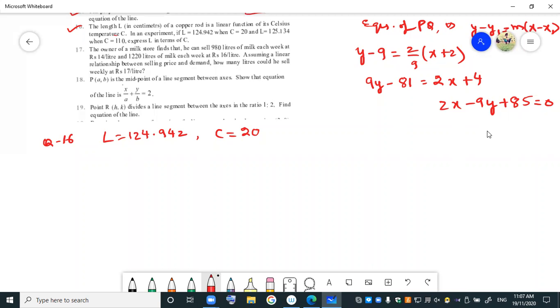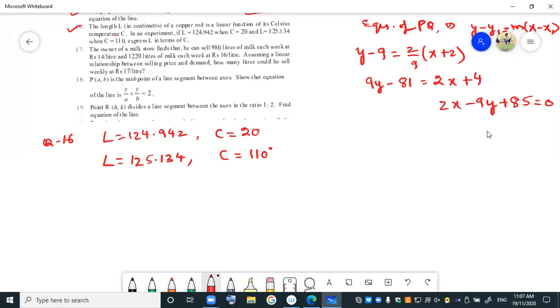When the temperature is increased to 110 degrees, the length of the rod becomes 125.134. Express L in terms of C.